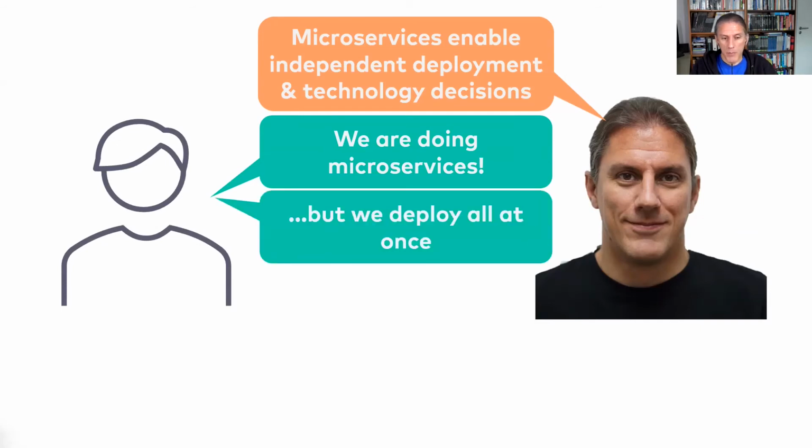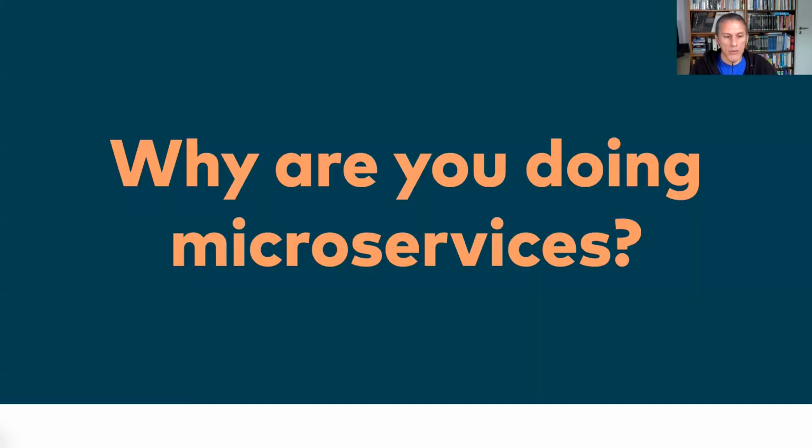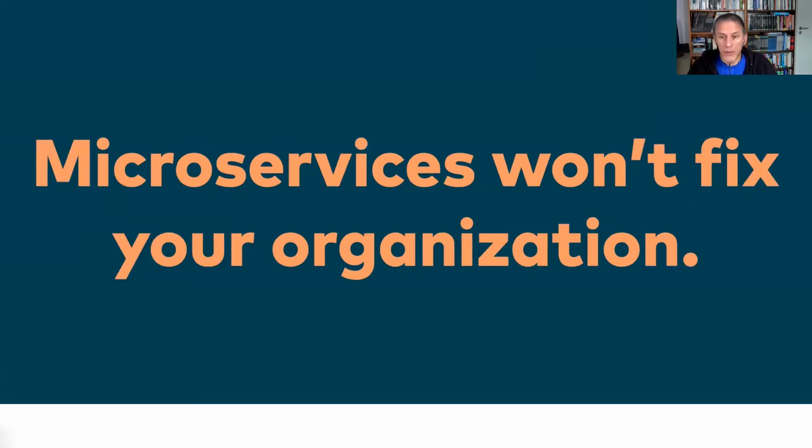But we deploy all of them at once, and the architect makes all the technology decisions. So even though microservices enable independent teams and independent decisions, they didn't use it, which leads to the question, why on earth are you even doing microservices? And there is an organizational problem here, because obviously the teams are not allowed to make use of the benefits they could have with microservices, and microservices won't fix your organization. And that's basically what the Accelerate book says too.